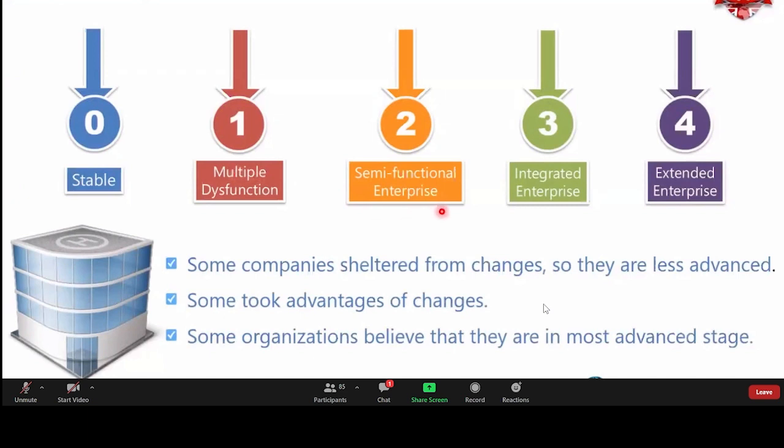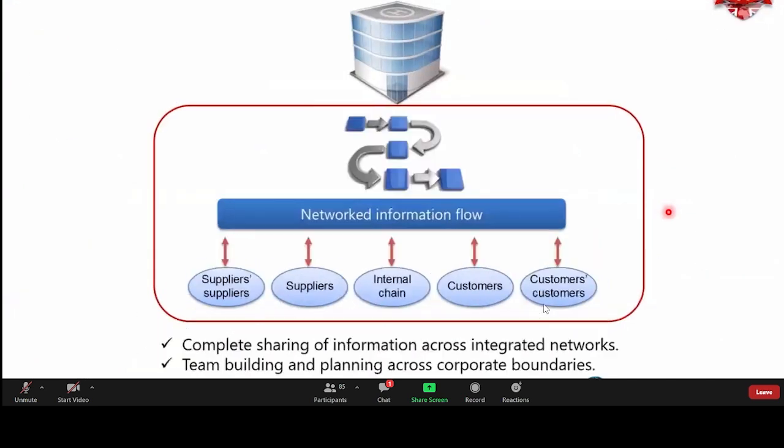Then, semi-functional is linked na between the internal company, then integrated enterprise, may system na silang ginagamit to execute the system of their supply chain management system. And the extended enterprise is a network connection from the manufacturing company and also the suppliers to the customers. So yan yung stages of supply chain management system.